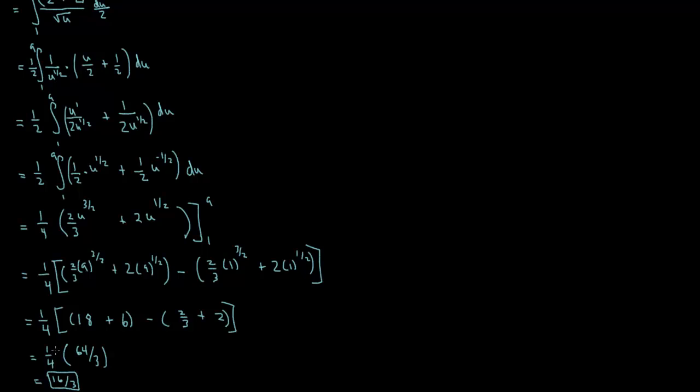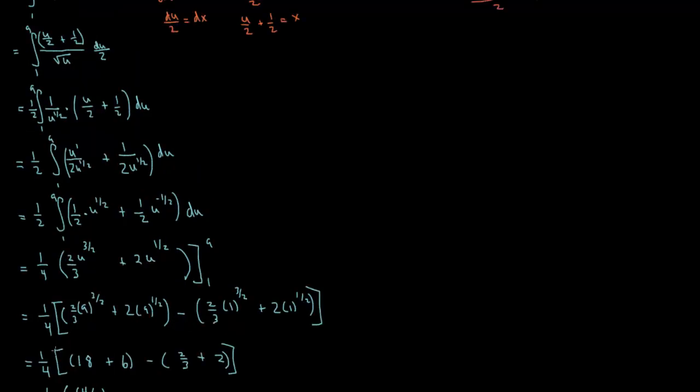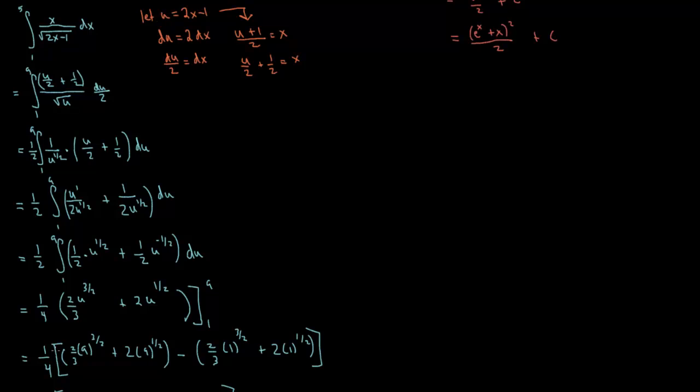So let's see, the area, now I don't recall if this function's non-negative or not, but the net area is 16/3. Recall the original function was way back up here, x divided by the square root of 2x minus 1.